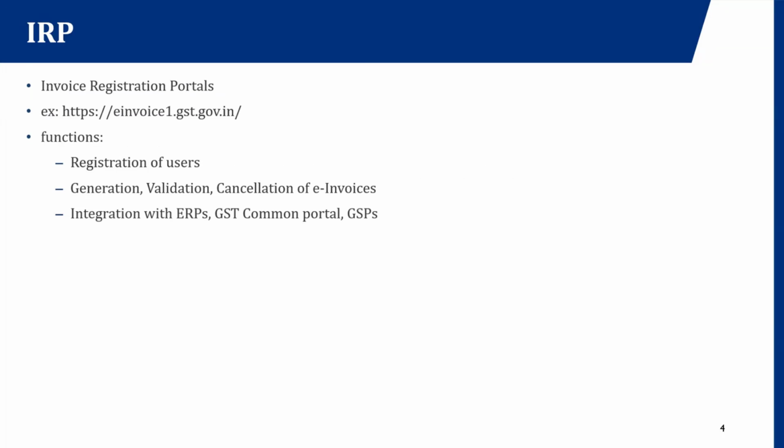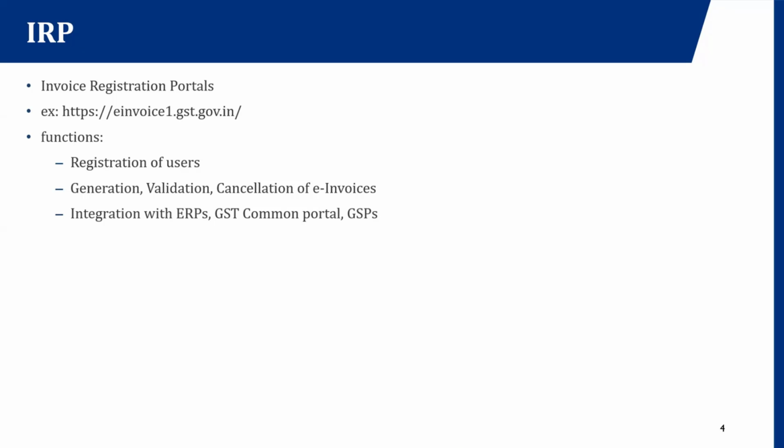The terminology used over there is IRP. What is this IRP? This is the Invoice Registration Portal. This is basically the separate portal given to generate specifically the e-invoice. In this portal, registration of the user is there. Generation, validation and cancellation of e-invoices also happen here, and they allow integration with the ERPs and the GST common portal.